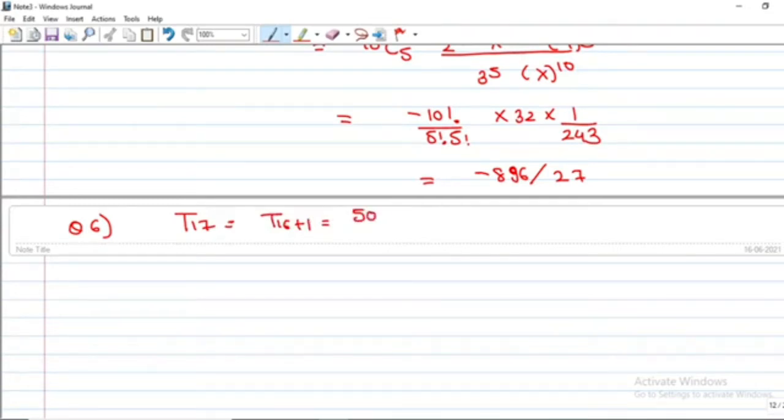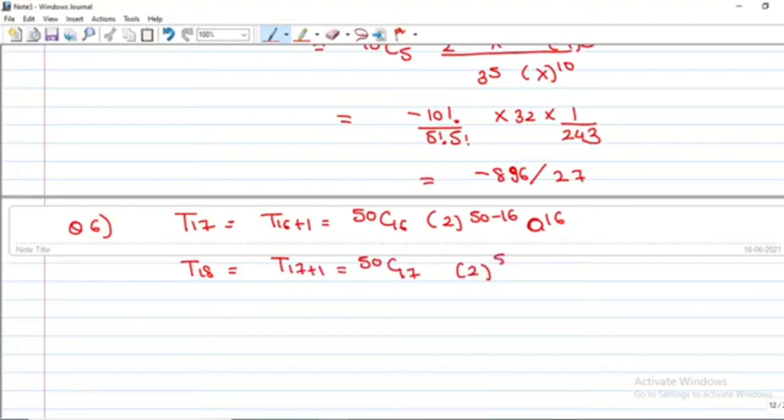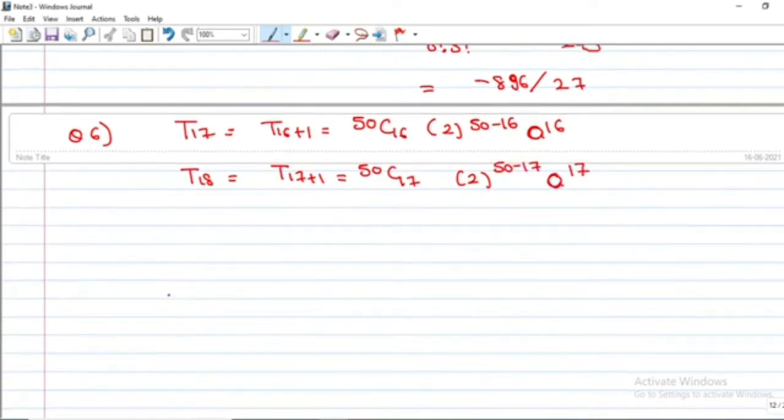So 50C16 into 2 power 50 minus 16, into a power 16. Similarly, t18 is nothing but t17 plus 1. I have to break it into 1. Then you will write 50C17, 2 to the power 50 minus 17 into a to the power 17.